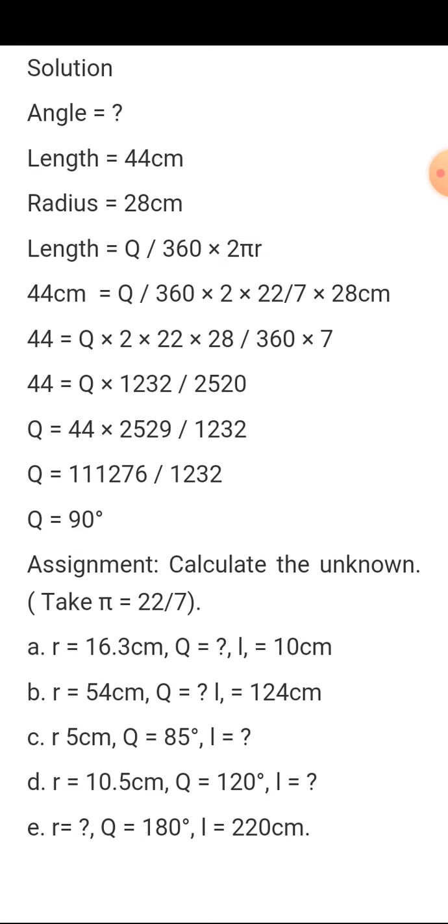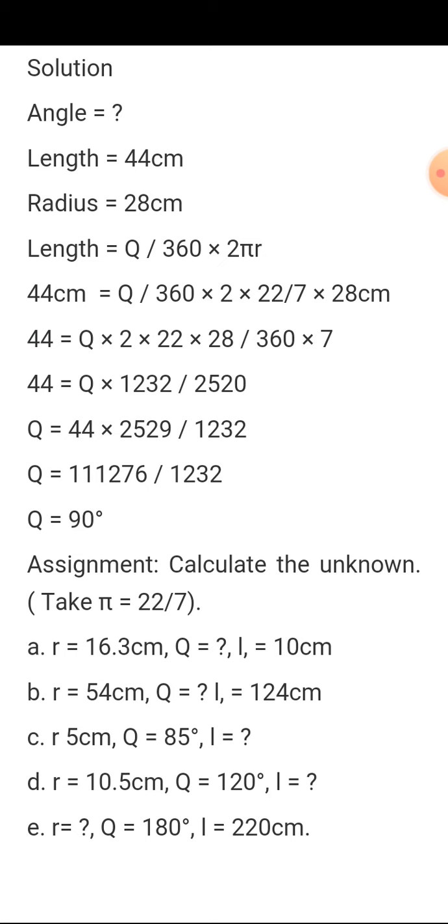Theta will come outside. Theta will now be equal to 44 multiplied by 2520 divided by 1232.